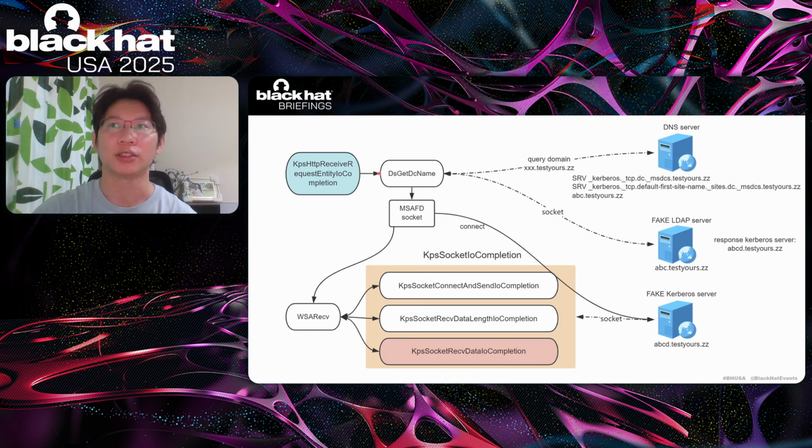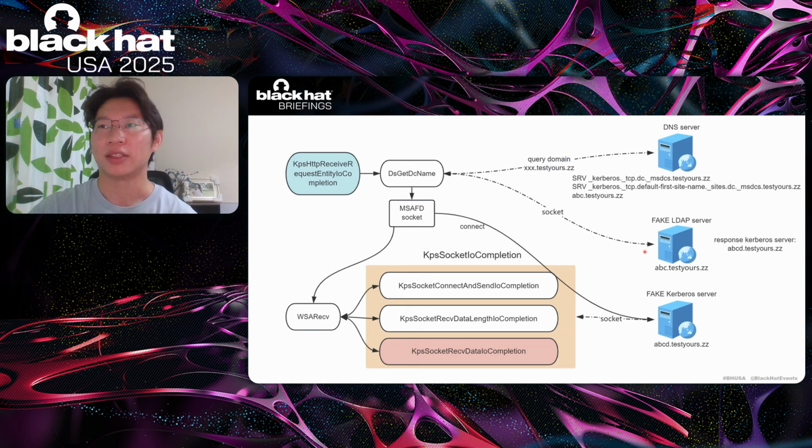Once the connection is established, the server calls the ds_get_dc_name function, which queries the DNS server to obtain the IP corresponding to the domain. Suppose the client provides the domain testyours.zz. It will query two SRV records. Assume the server returns abc.testyours.zz.